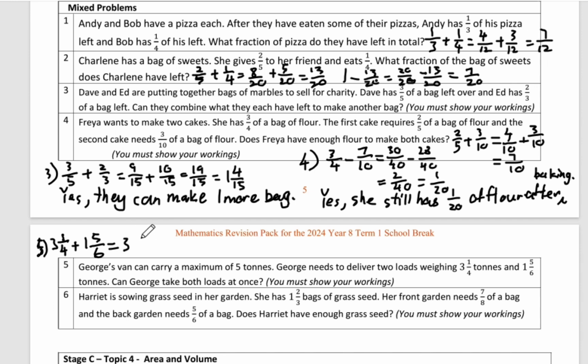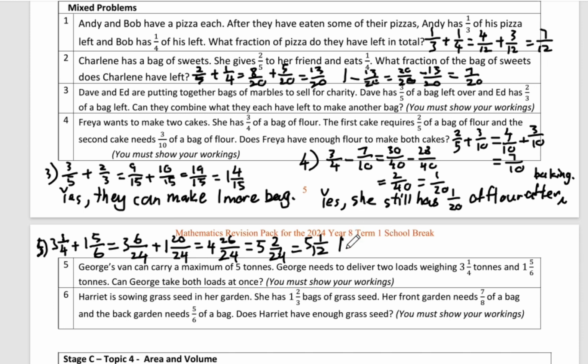3 and 6 over 24 plus 1 and 20 over 24, which we will get 4 and 26 over 24, which is 5 and 2 over 24, which is 5 and 1 over 12.